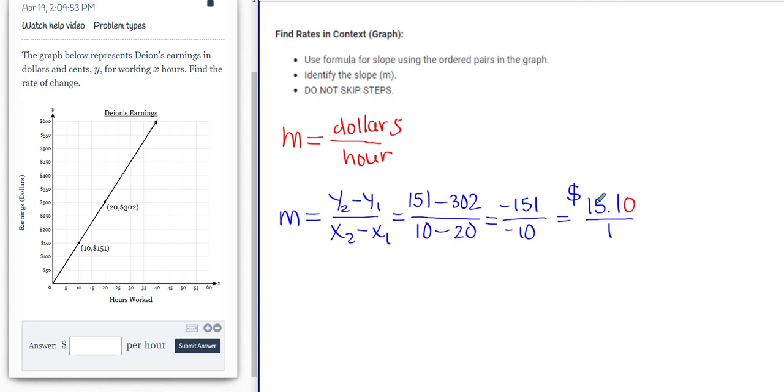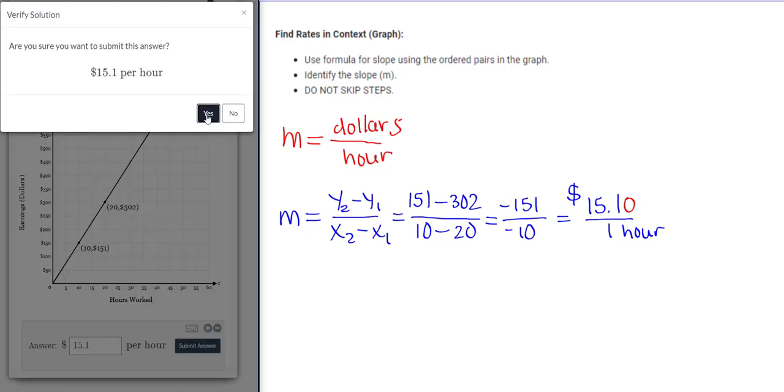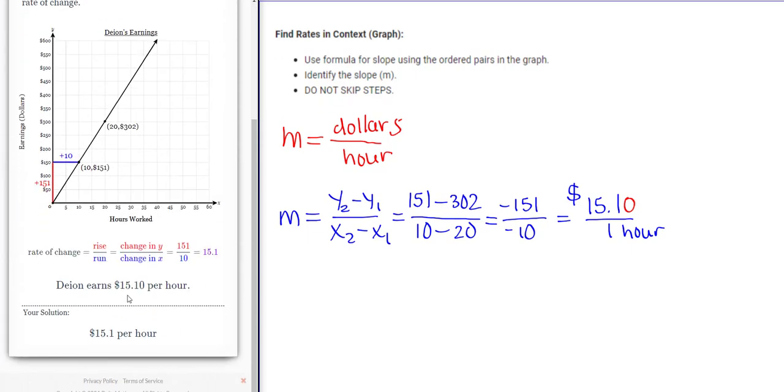Underneath that, it's going to be $15.10 per 1, and notice the value on the bottom is going to be an hour. So that's what we're going to put in here. Although I'm curious if Delta Math would take 15.1. Let's see what they say. They took that anyway. Notice that 15.1 is the same as $15.10 per hour. There you have it.